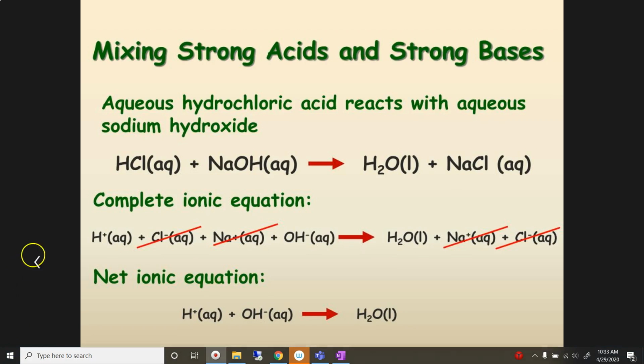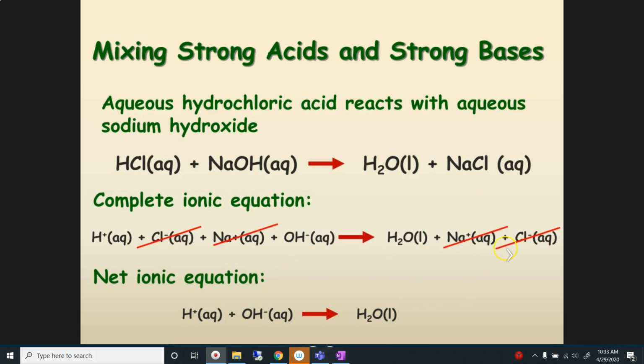So these two reactants are an example of a strong acid and a strong base. You can predict the products using double displacement reaction. And if you notice, everything cancels out because HCl is aqueous and NaOH is aqueous, so they break apart into their ion forms. And NaCl, if you look at your solubility rules, is also soluble in water, so it breaks apart into its ions, right?